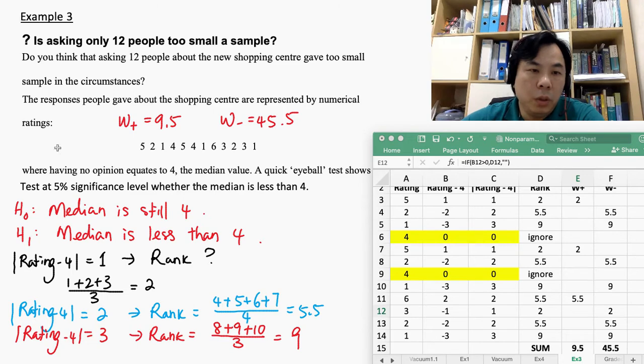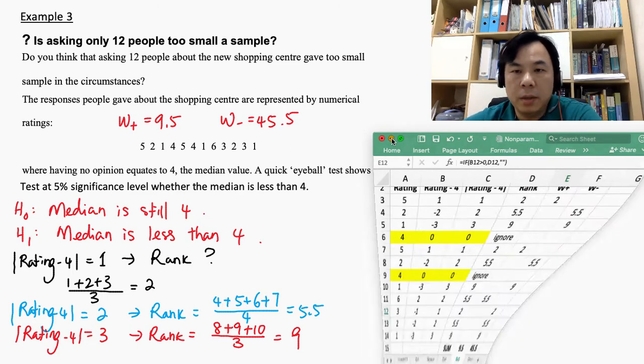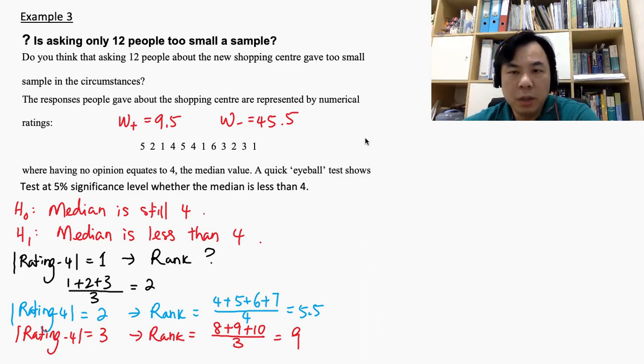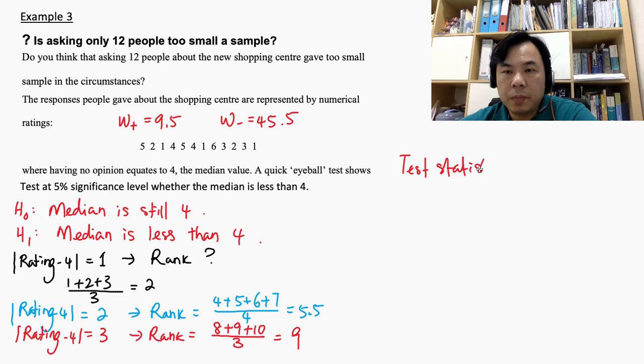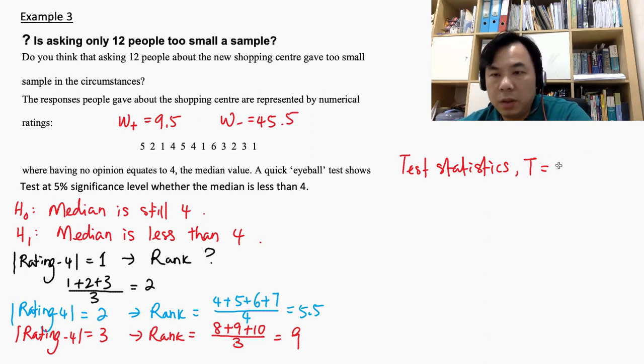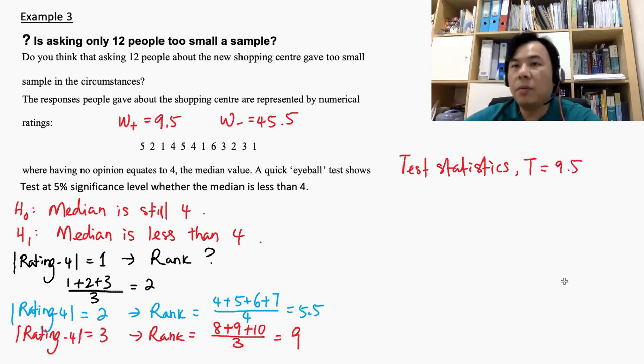So from here onward, it will be a very standard procedure under our test statistic. Under our test statistic, we will choose T to be the smaller value, which is 9.5 in this case. And then after that, don't forget the sample size. How many do we have?